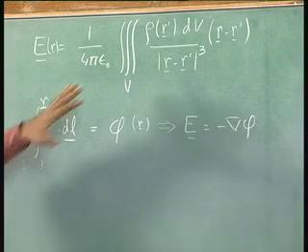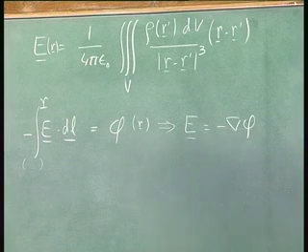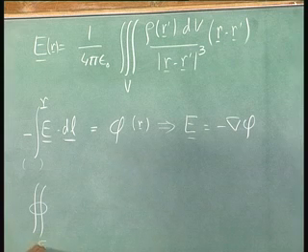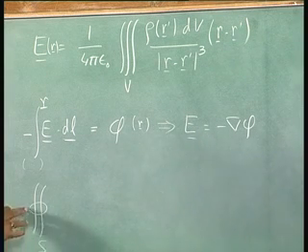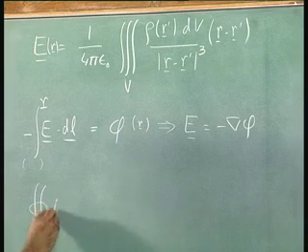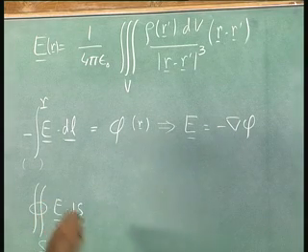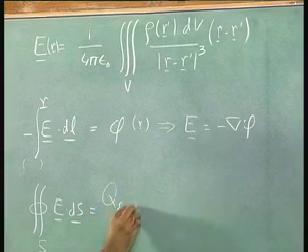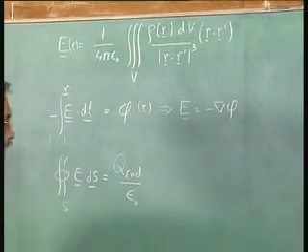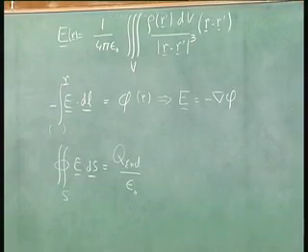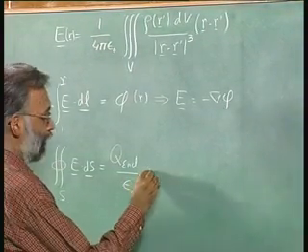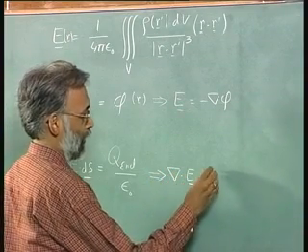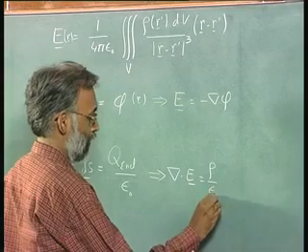Also from this equation we obtained that the surface integral over any closed surface, that is what this circle means, of E dot ds is equal to the total enclosed charge divided by epsilon naught, and this implied in turn that the divergence of E is equal to rho over epsilon naught.